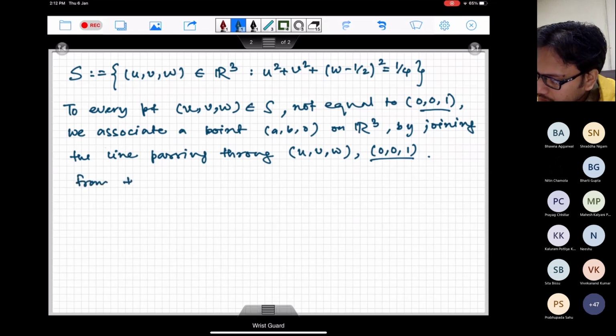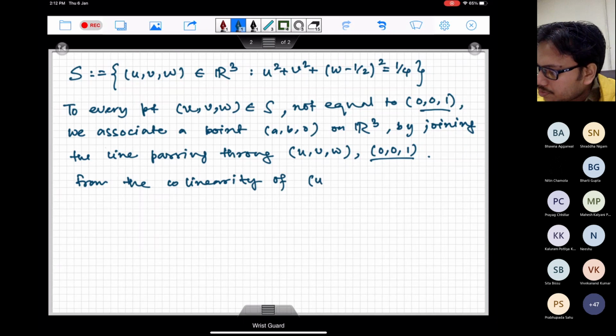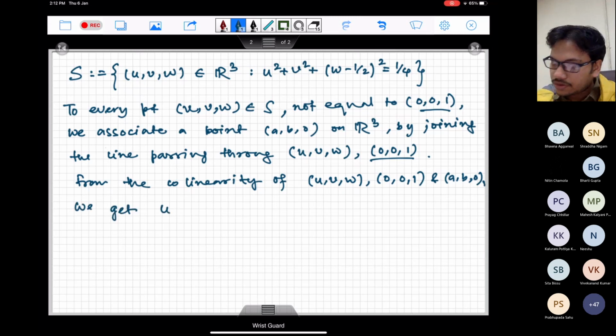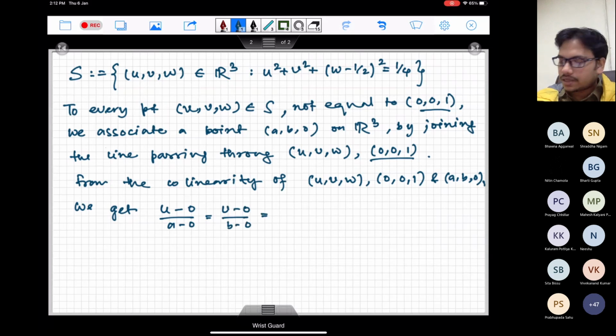From the collinearity of (u, v, w), (0, 0, 1) and (a, b, 0), if you write down the expression for collinearity, you will get (u minus 0) divided by (a minus 0) equal to (v minus 0) divided by (b minus 0) equal to (w minus 1) divided by (0 minus 1).